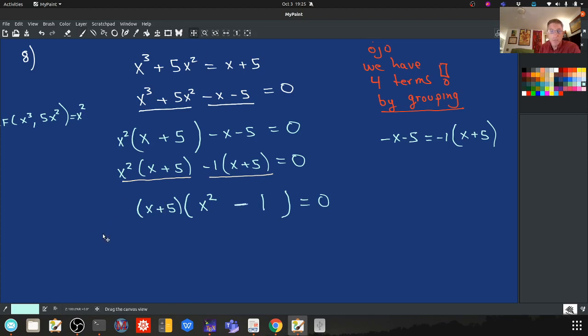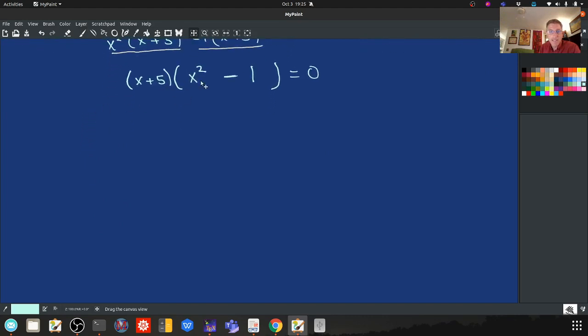So I've got somewhere. At least now I can see that I can use the zero factor property on one factor anyway. x plus 5 will be set to 0. But now let's look at this degree 2 polynomial. That looks like, since 1 is equal to 1 squared, this is the same as x plus 5 times x squared minus 1 squared.